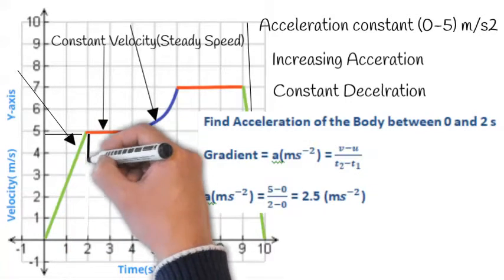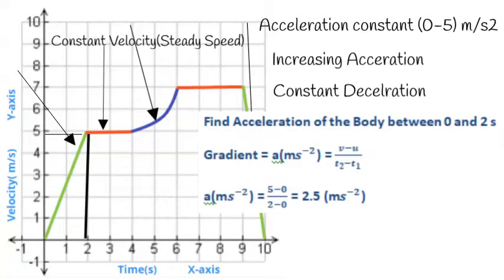So the final acceleration, we have a meter per second square is equal to 5 minus 0 over 2 minus 0, final time minus initial time. So for acceleration we have between 0 and 2 seconds is 2.5 meter per second square. Similarly, we find an acceleration between 2 and 4 seconds, between 4 and 6 seconds.